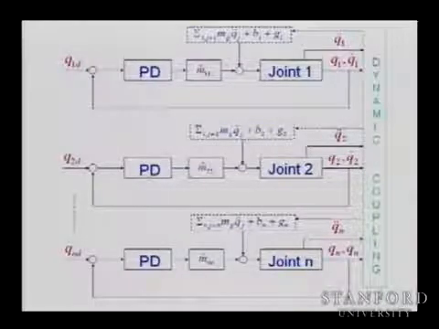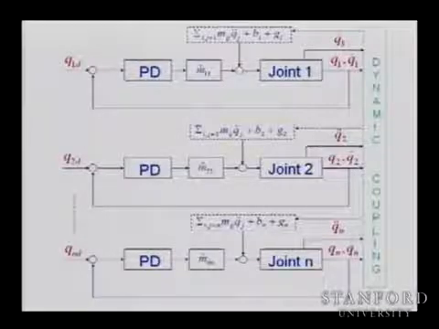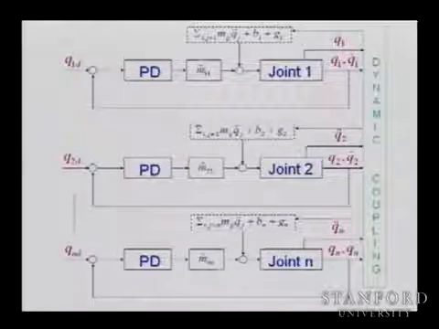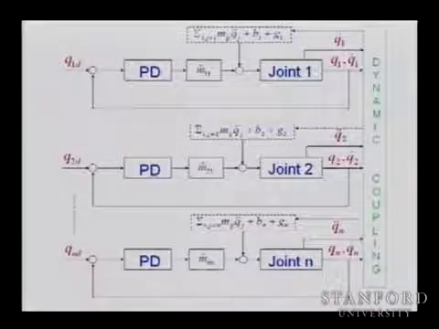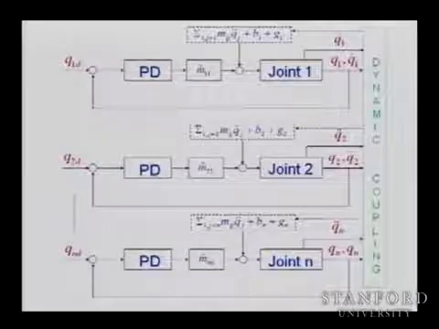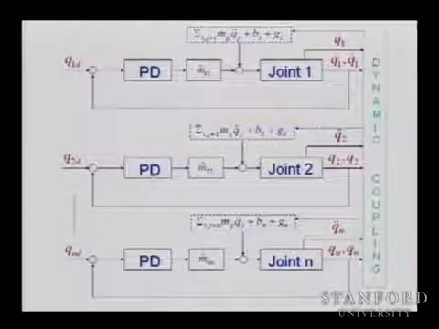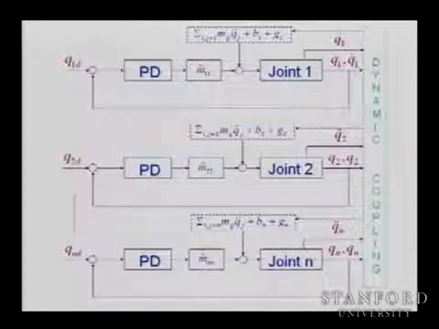So there are not only disturbances, but the fact that they are interacting, there is something about the stability. How can we say that this system is stable if we are controlling it with a PD controller? Because you have this interaction taking place between the links as they move.